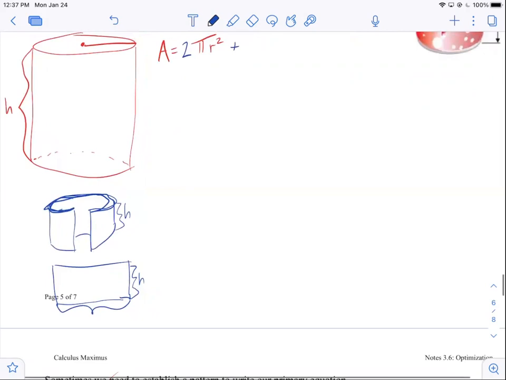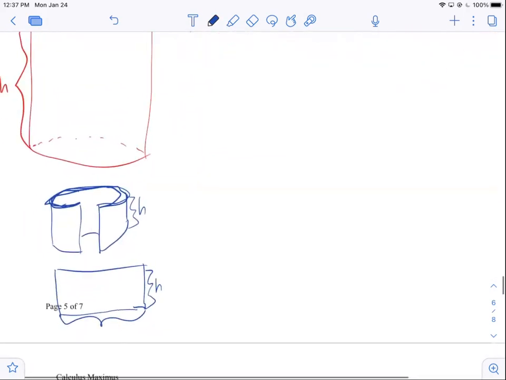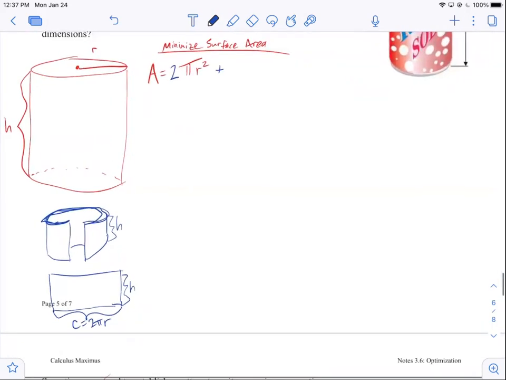The circumference, good. So this is the circumference, which is 2 pi r. And of course, how do we find the area of a rectangle? Length times width. So this is 2 pi r times h.